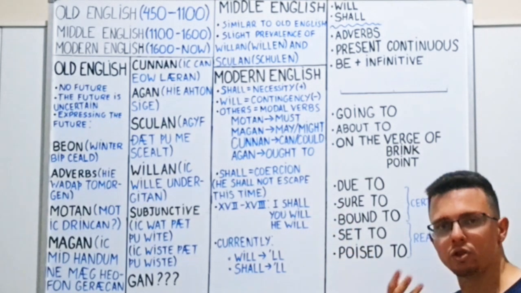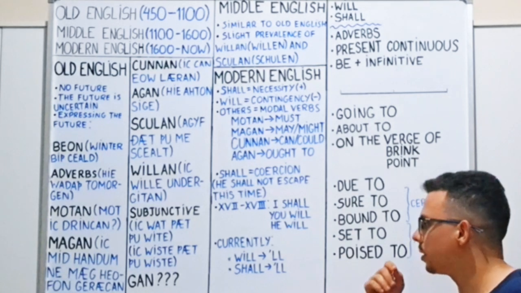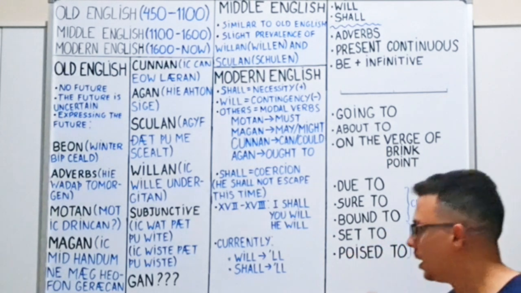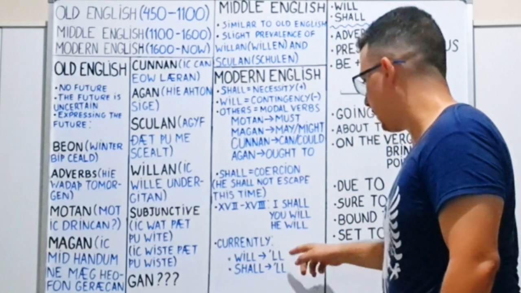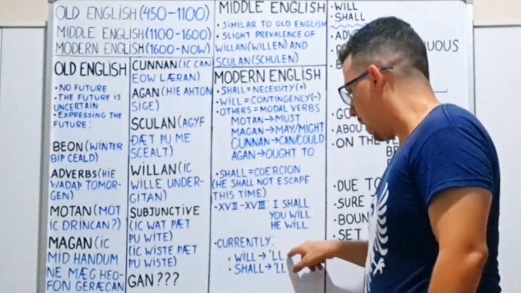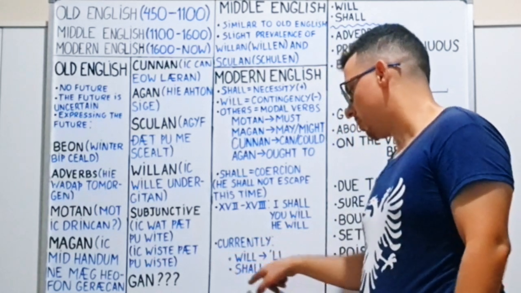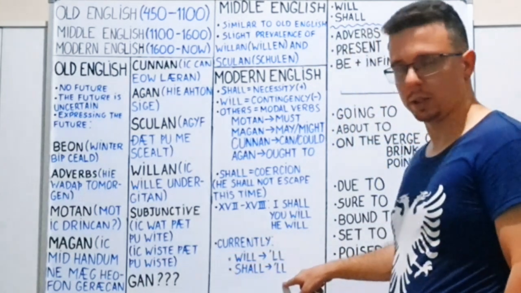So can you see the confusion here? The reductions are the same, and for this reason, distinguishing whether people are using will and shall became more difficult.